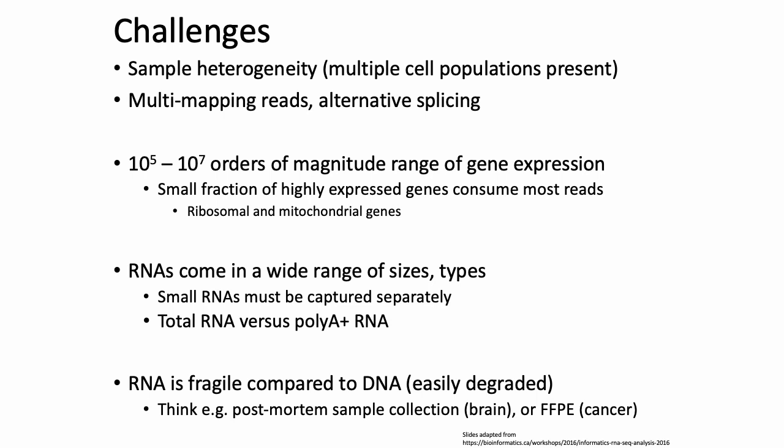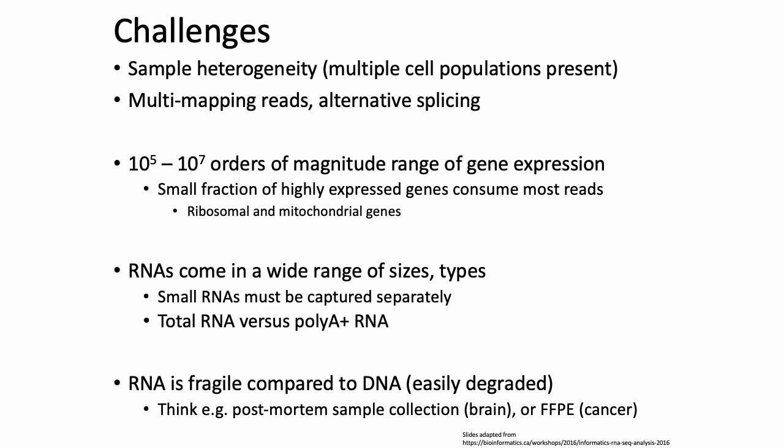Even when you deplete ribosomal RNA, oftentimes you don't deplete mitochondrial genes, and so mitochondrial genes essentially soak up most of the reads that you sequence. That makes it harder to detect expression of more poorly expressed genes.